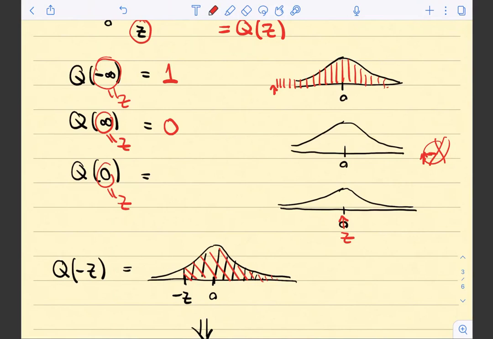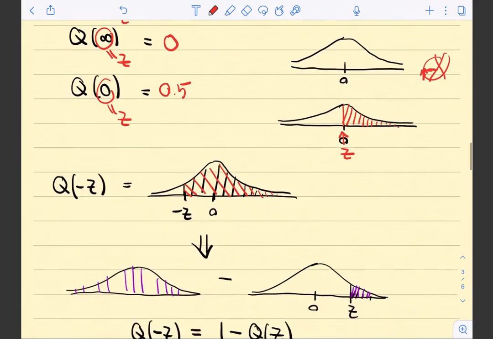Toward the right of z, so that means right here. What is that area, the one that I just shaded? Half, only half. The whole area is equal to 1. If you only take half of 1, it is equal to 0.5. Okay.